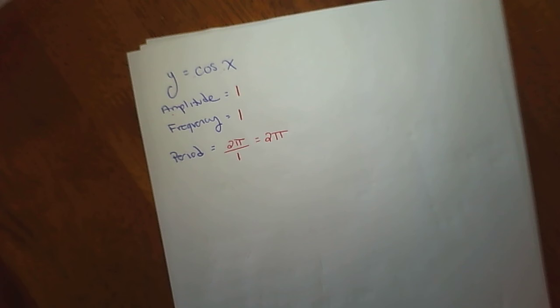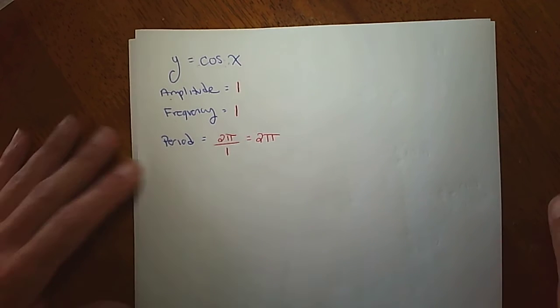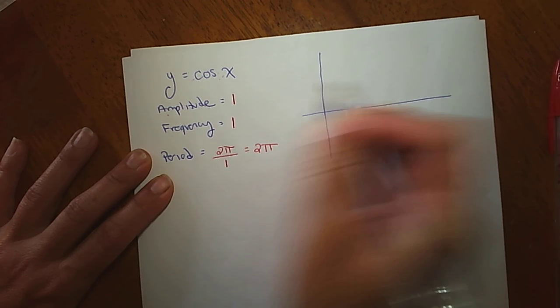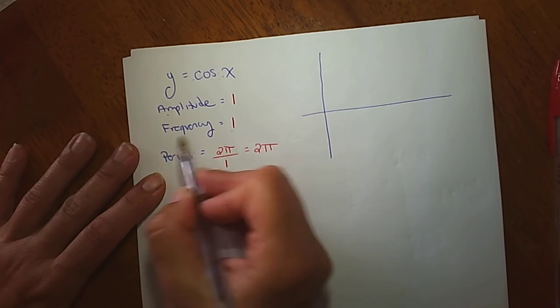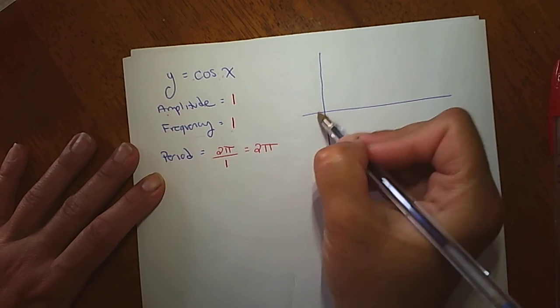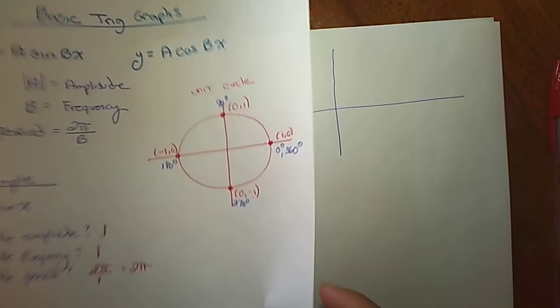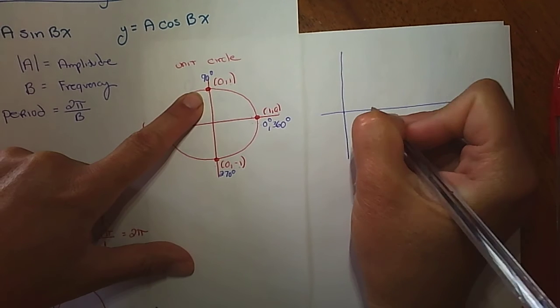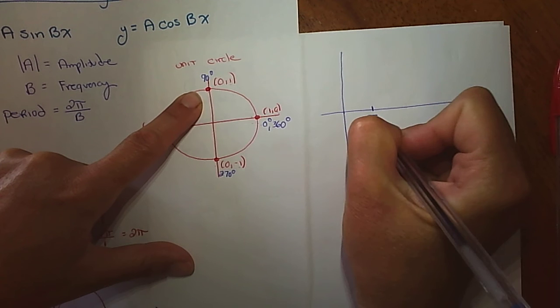All right, so what I want to do with you guys now is the cosine curve. So we're always going to do the same setup here. We're going to do one trip around the circle. That's what the frequency means. How many times are we going around the unit circle? We're going around once. So let me get the unit circle out here. All right, so here's my unit circle. 0, 90, but you're going to label it pi over 2.